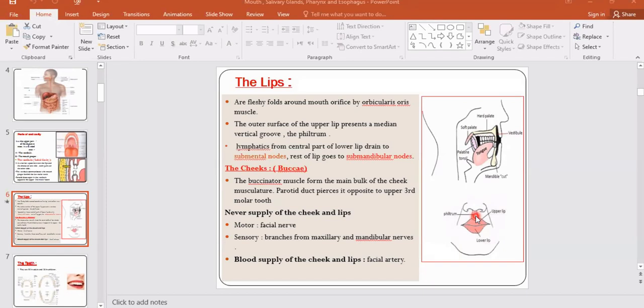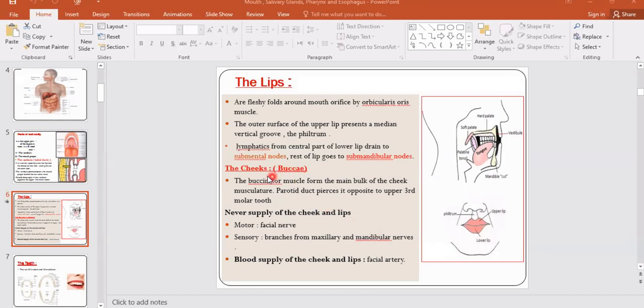Lymphatics from the central part of the lower lip drain into the submental lymph nodes and submandibular lymph nodes. You can see the upper and lower lip parts. The upper goes to the submandibular lymph nodes, and this lower portion goes to the submental nodes. We are talking about the lymphatic drainage.